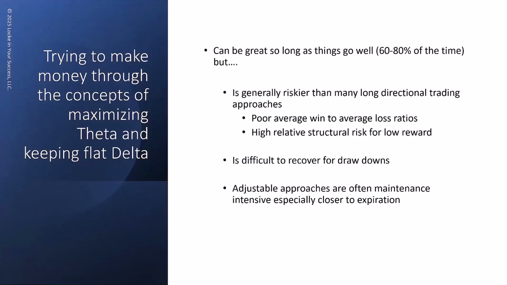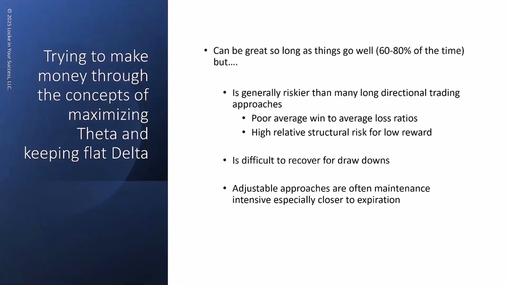It's very important. And then you also have to realize that this type of approach is very difficult to recover from drawdowns, both from intratrade drawdowns and from losses of trades. So in other words, if I get into a flat delta trade and my objective is to maintain a very tight delta range on that trade, and say I get a big down move in the market, that's usually the problematic direction for these types of trades because of volatility sensitivity and so forth.